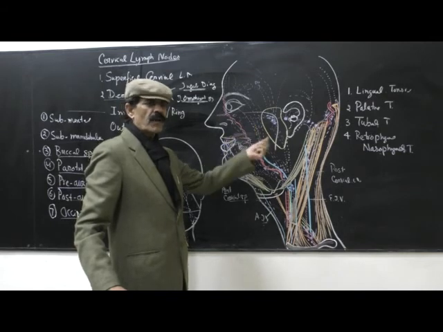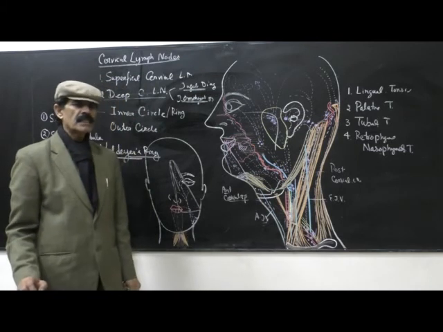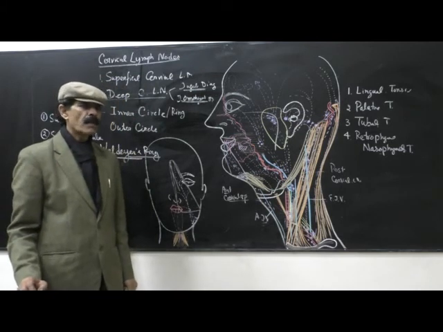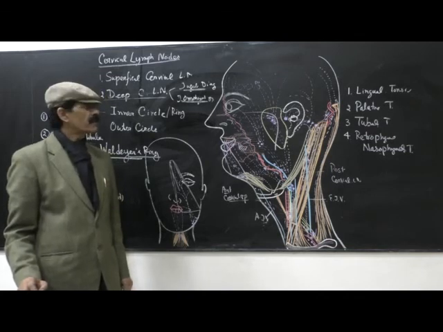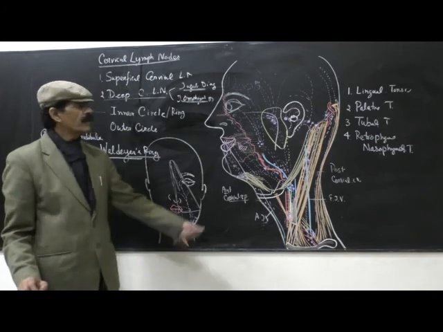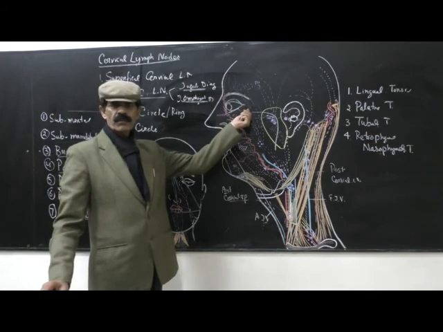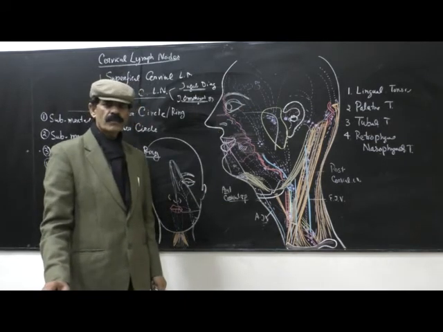So from this wide area of the nose, the internal ear and the external ear area, the afferents are collected in the nasopharyngeal group of the lymph nodes along with the sphenoidal air sinus.